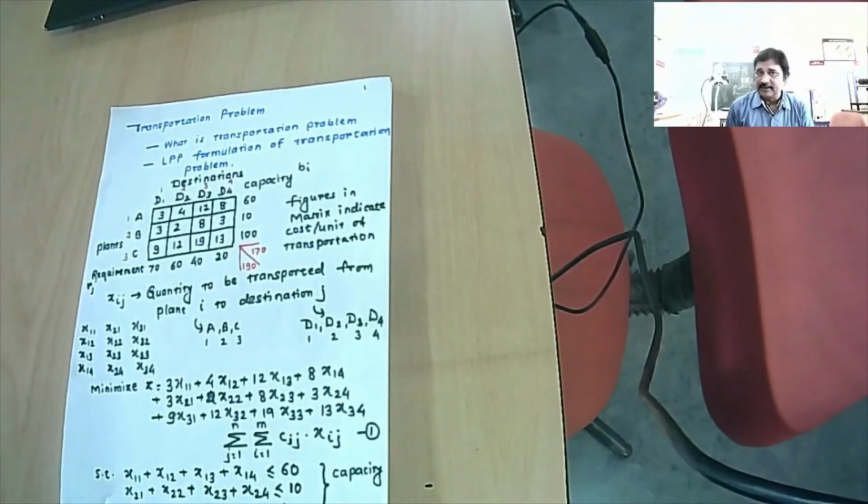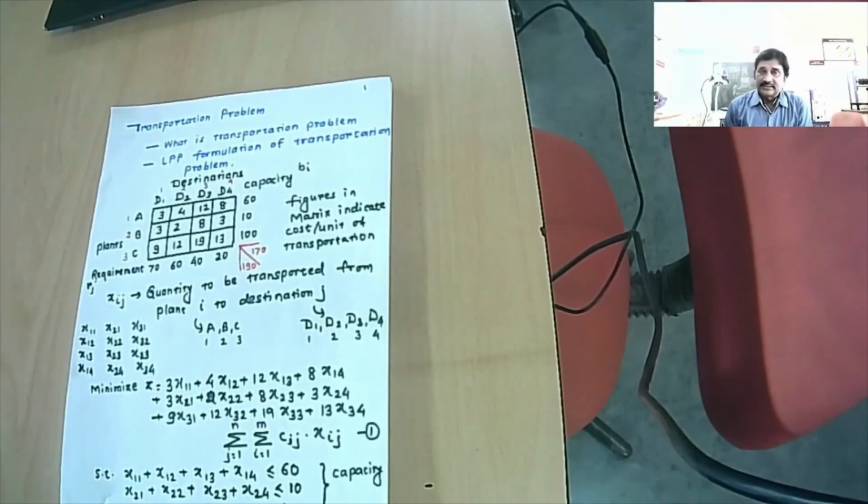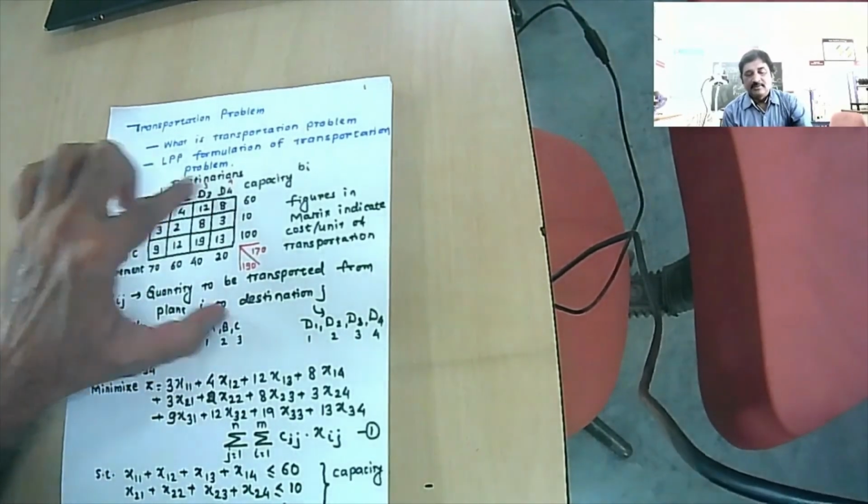This is one thing. The second thing, which I discussed in my beginning lectures, is that this transportation problem is not just applicable to transportation situations. It can be applied to any situation if it is possible for you to frame the problem in this format. Like you will be having a matrix.